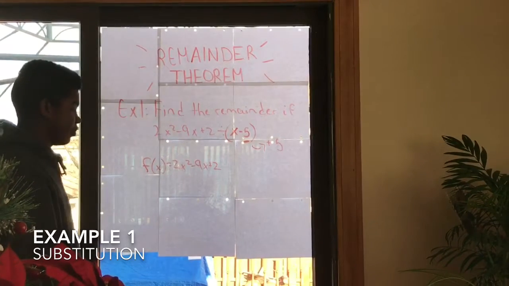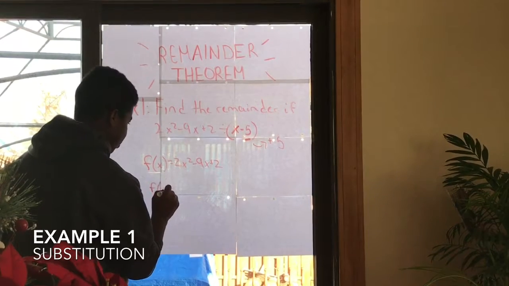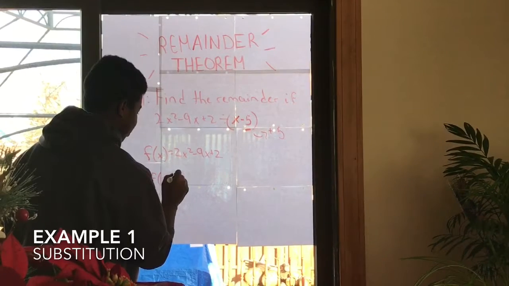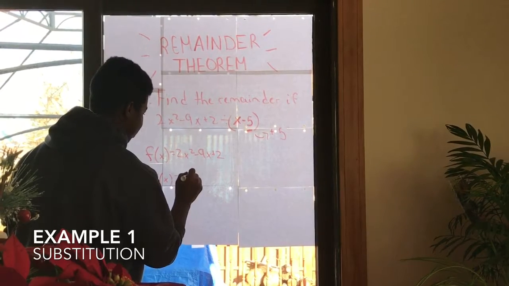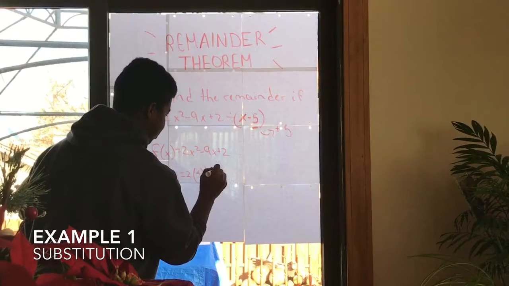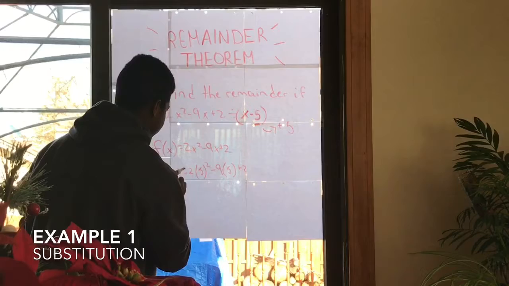So now the equation will be rewritten as f of 5 equals 2 times the quantity of 5 squared minus 9 times the quantity of 5 plus 2.